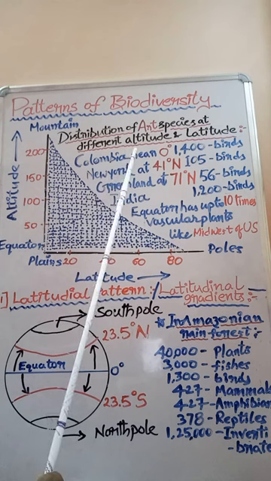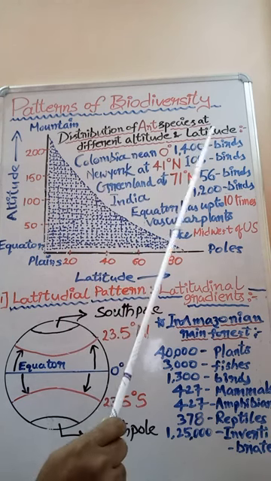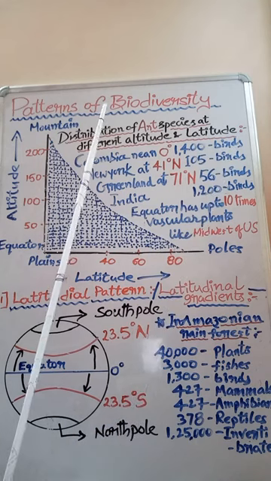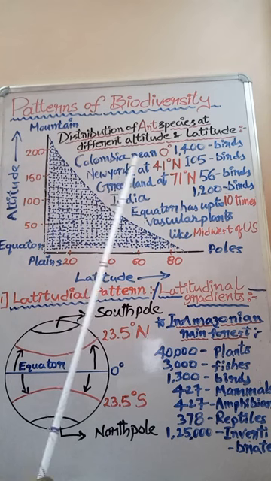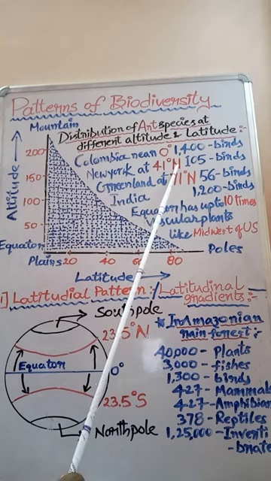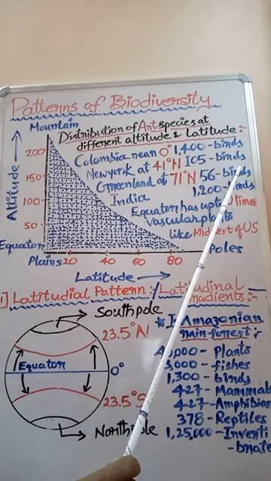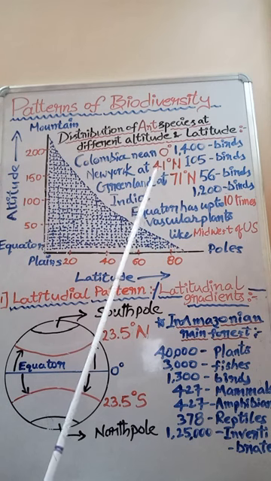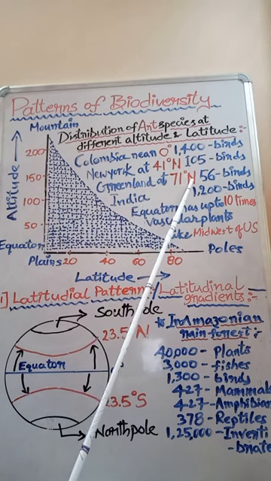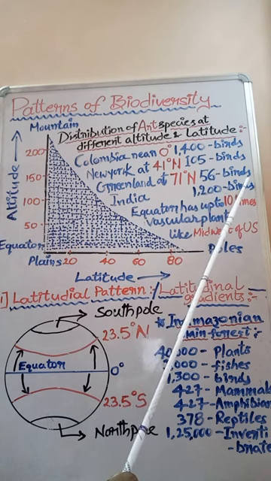So Colombia, located near the equator, has 1400 species of birds, while New York at 41 degrees north has 105 species of birds, and Greenland at 71 degrees north has 56 species of birds.